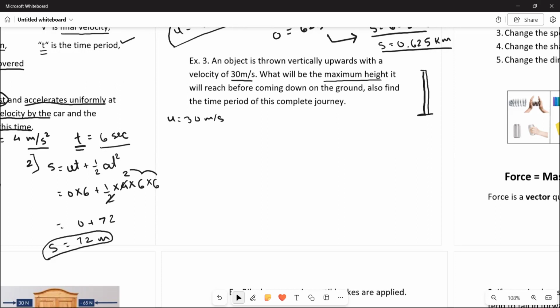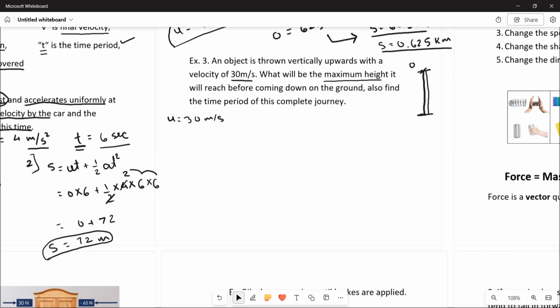What about the other values? Here there is nothing, right? So how we'll get the other values? Now see, when it will reach the maximum height, that will be the final point of our motion, the vertical motion when it is going upwards, and after reaching the maximum height it will start coming down, right? When it will reach here the maximum height, its velocity will be equals to 0, because of which it will stop at this point and then start coming down on the ground.